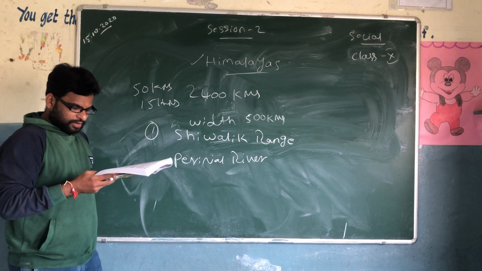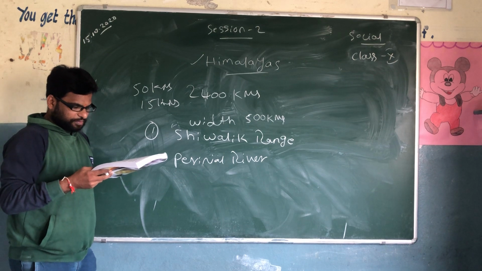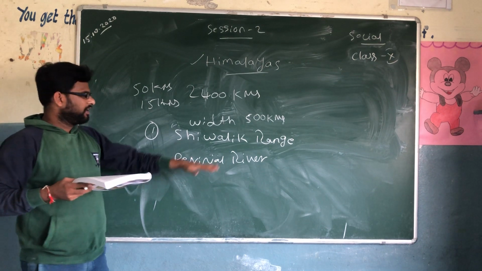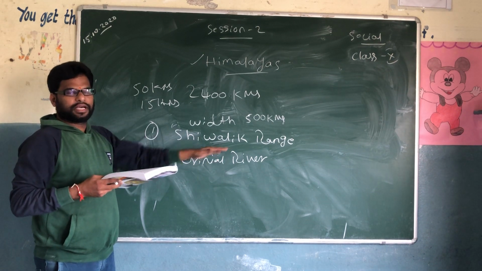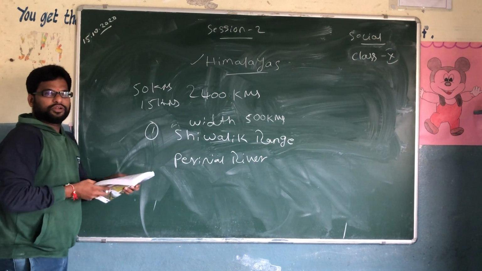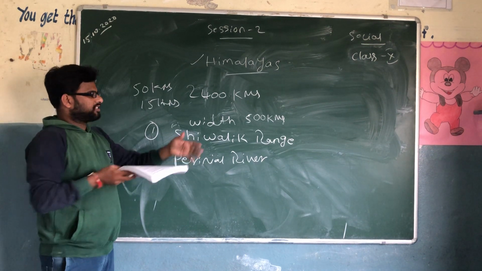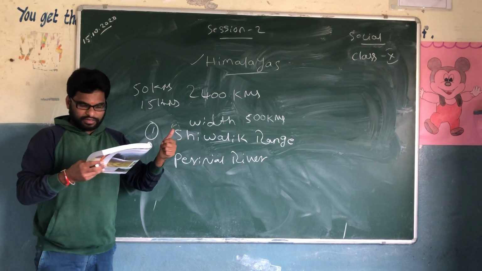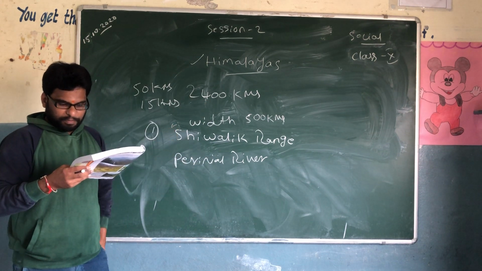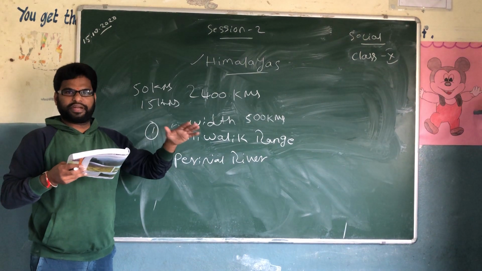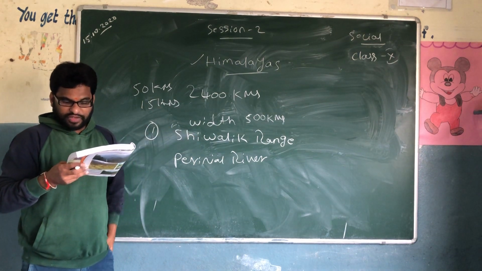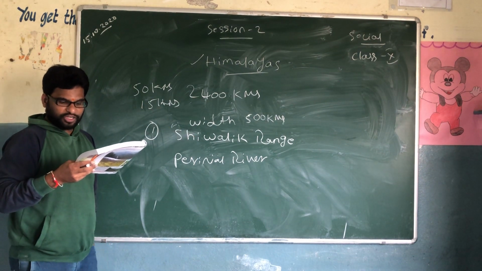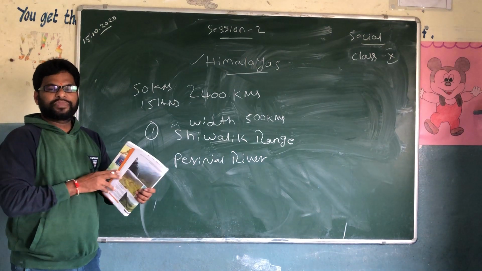Dehradun in Uttaranchal is the best example of such a place. Dehradun is part of the Himalayan range. It has a plain surface that is 75 km long and 15 to 20 kilometers wide.